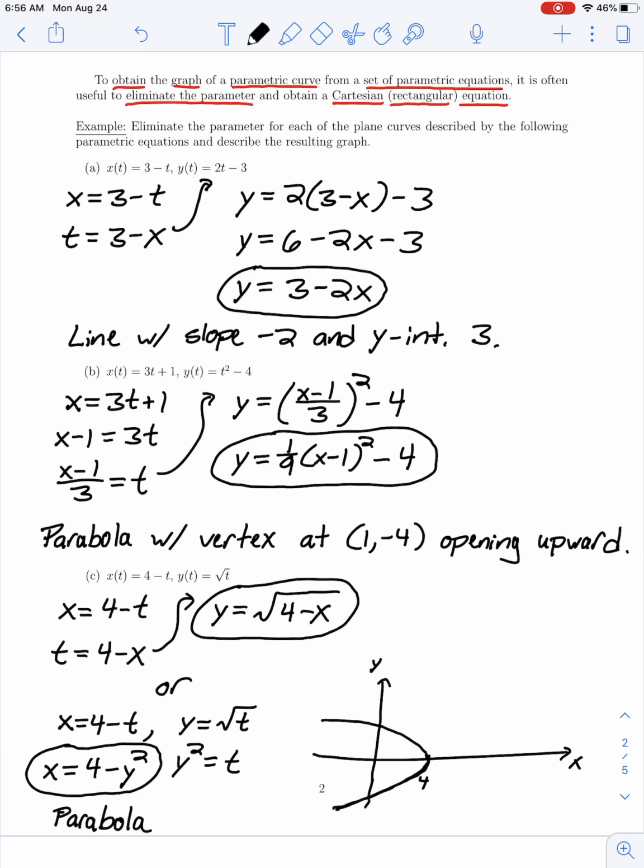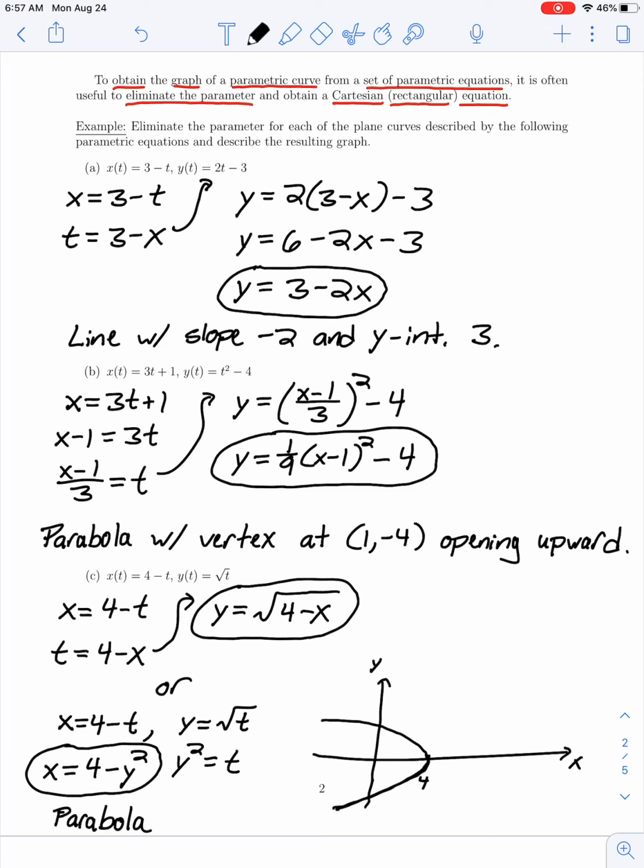Now, one thing that we need to be a little bit careful of here, if we use this second approach where we solve our second equation for t, that is t is equal to y squared, we find that x is 4 minus y squared, which we recognize as the graph of a parabola, just opening along the x-axis instead of the y-axis.